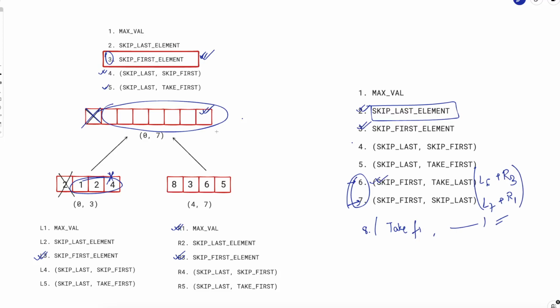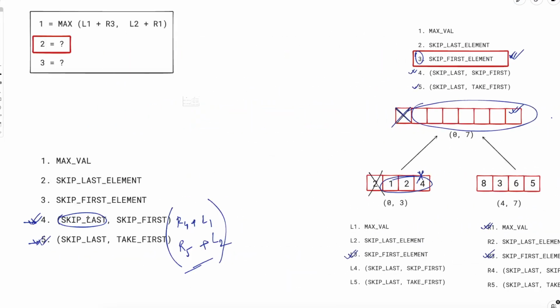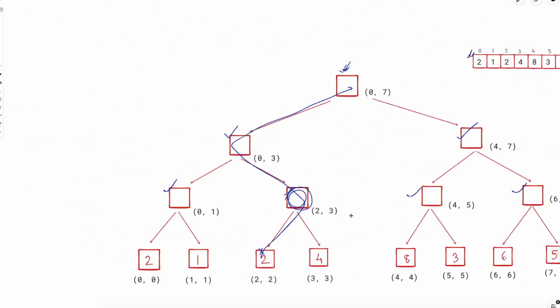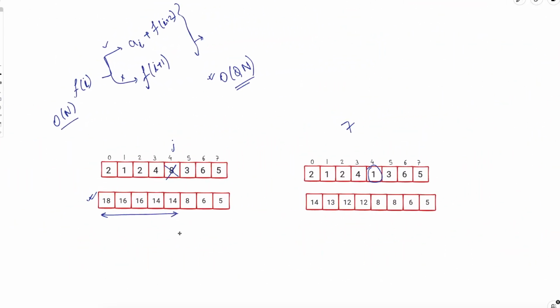Now I know this might not sound very intuitive, but it actually is if you pause and think by yourself, because this is exactly equal to what we started with. If you remember, we started with a very basic recursion where we asked what is the maximum subsequent sum for this entire array, and we said there are only two possible cases: either you take this element or you do not take this element, and based on that you can decide the maximum subsequent sum.